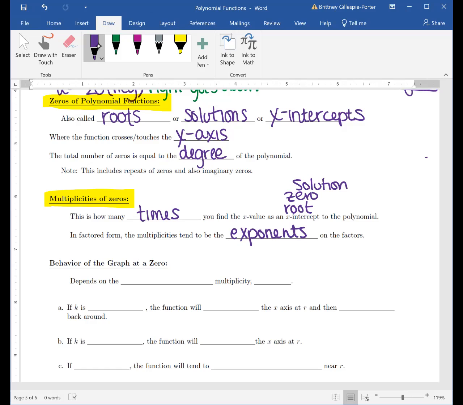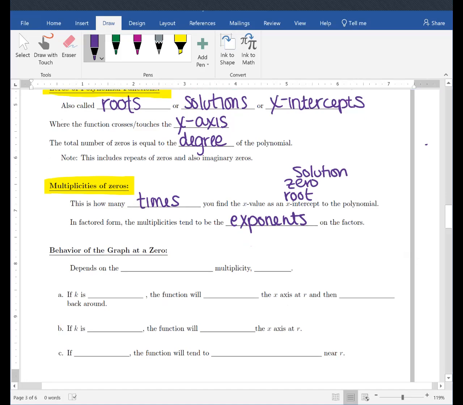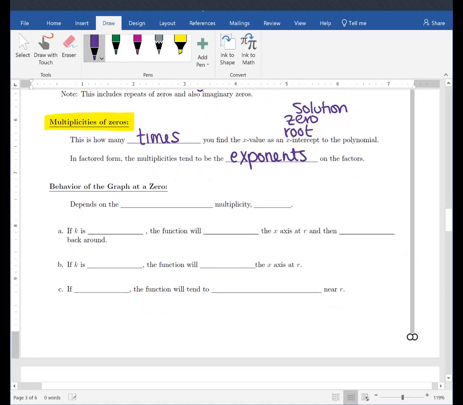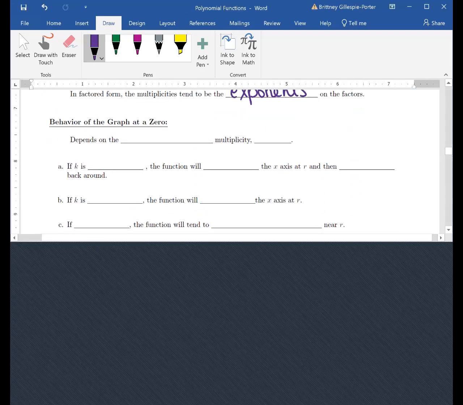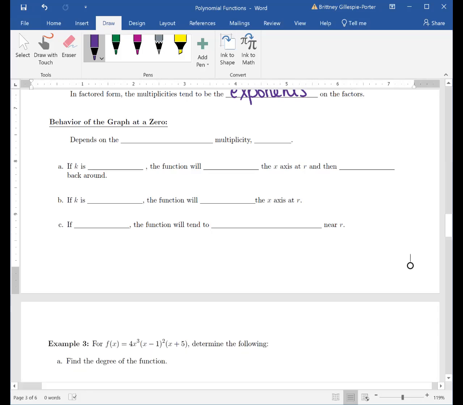The behavior of the graph at the zero, this is different than the end behavior. Behavior of the graph at the zero depends on the zero's multiplicity, which we call k.